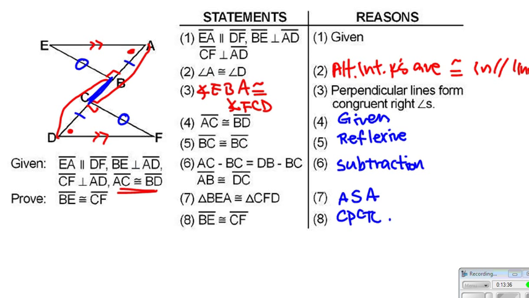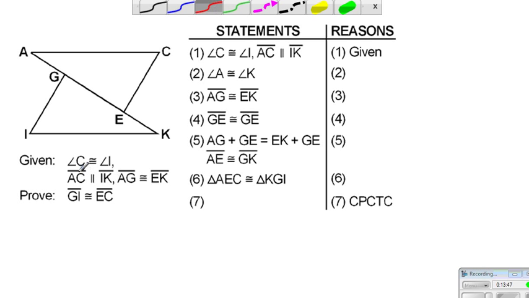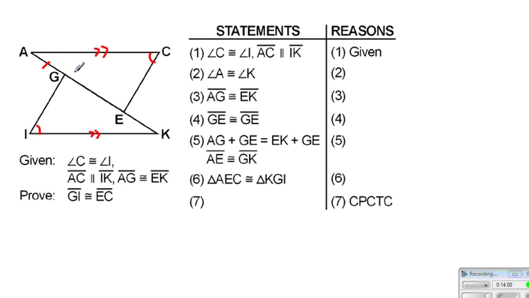All right, let us look at the next question. Once again, same, plugging in the statements and reasonings. So here we have angle C is congruent to angle I, and AC is parallel to IK. AG is congruent to EK, and GI has to be congruent to EC.